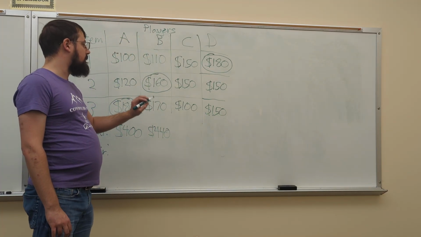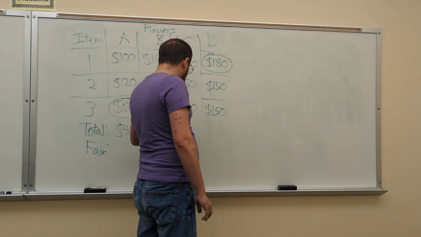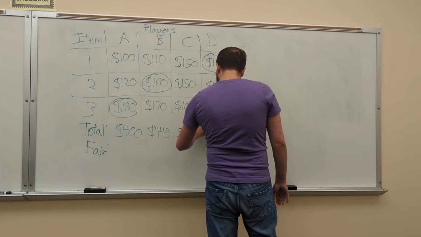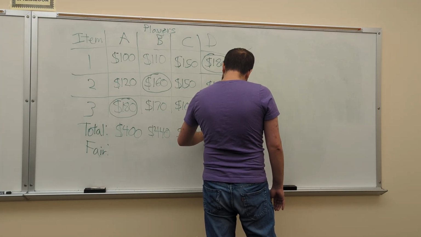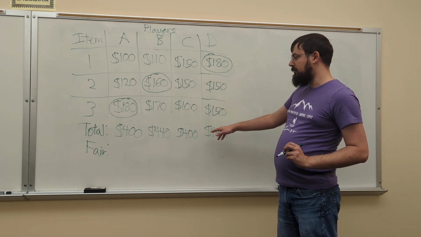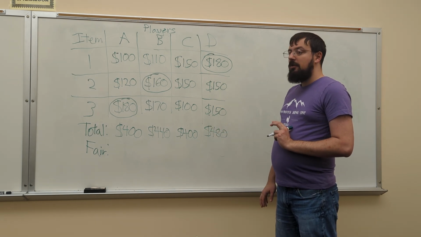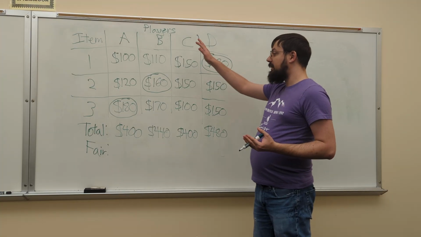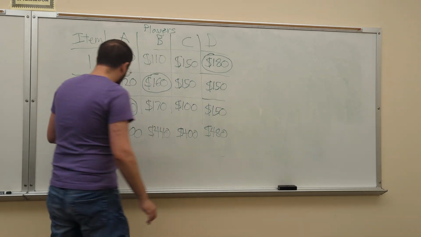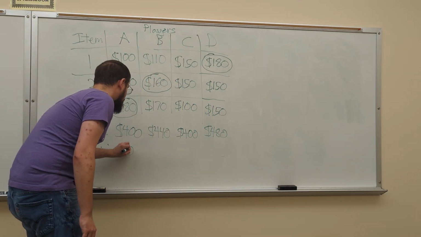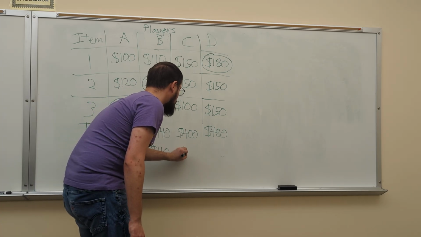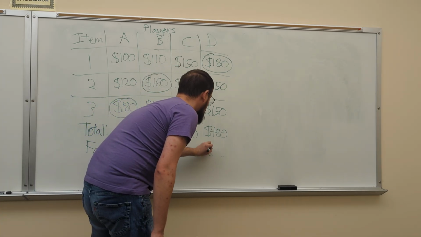And then C, 400. And finally D, 480. So in the minds of each of these players, these are the dollar values of the total assets. So a fair share, since we have 4 players, is just going to be a quarter of what the total assets are worth. So in the case of player A, that would be 100, B, 110, C, 100, and D, 120.